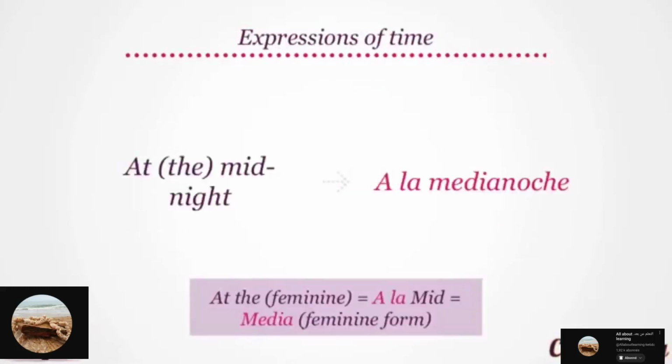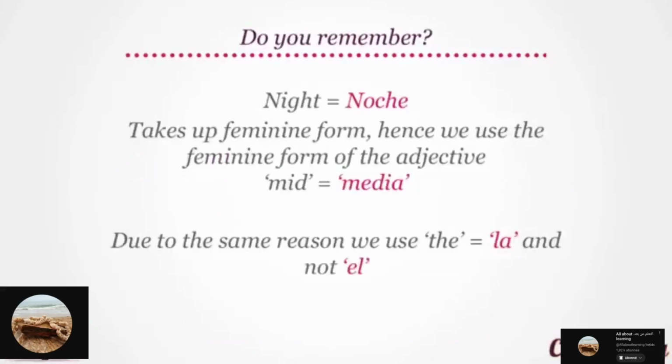Now let's try translating at the midnight. At the midnight translates to a la medianoche. Now note here that at the, when the is in feminine form, becomes a la, and mid becomes media in feminine form. Do you remember that night or noche takes up feminine form?